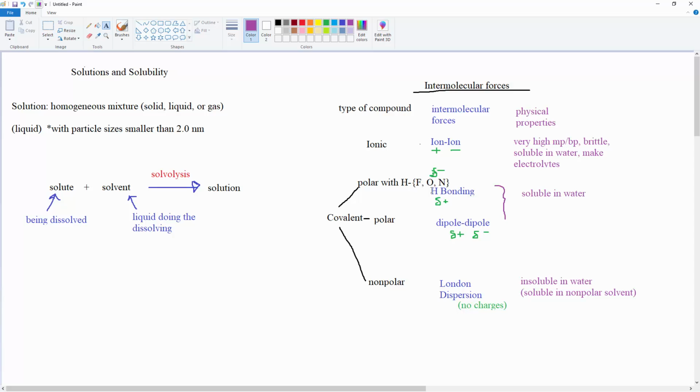These are, I think, Greek endings, water-loving and water-fearing. Obviously, it's not that the oil fears the water, it's just that there's nothing attracting the two. And so when a water molecule encounters a fat molecule, it's not really attracted to it. If it sees other water molecules, it's like, hey, I'm going to go hang out with my buddies. And the fat particles just get excluded because they're just not attracted, right?